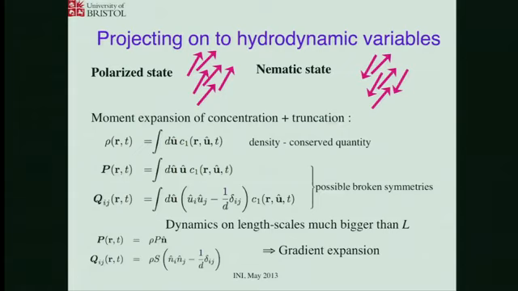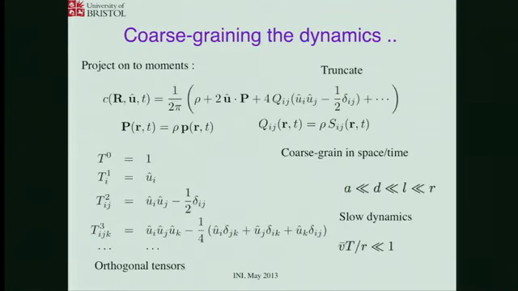I can calculate the mean orientation, the local orientation, which is the average of u, but again over the distribution, and I can calculate a second order tensor which measures nematic alignment. And this boils down to essentially expanding my density in terms of these tensors.